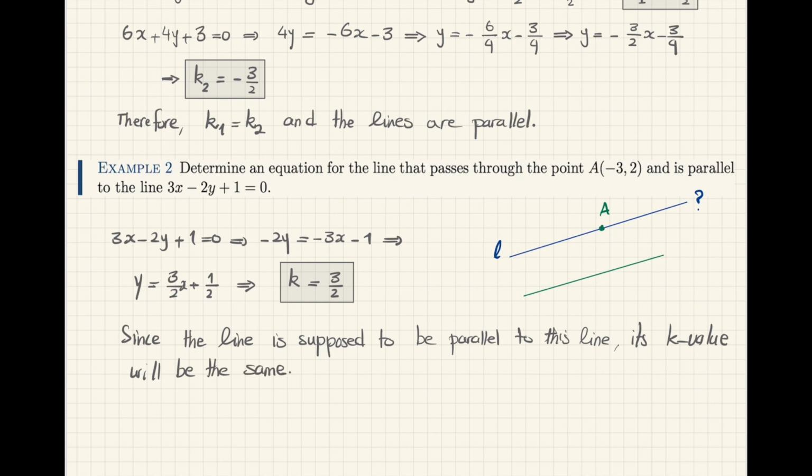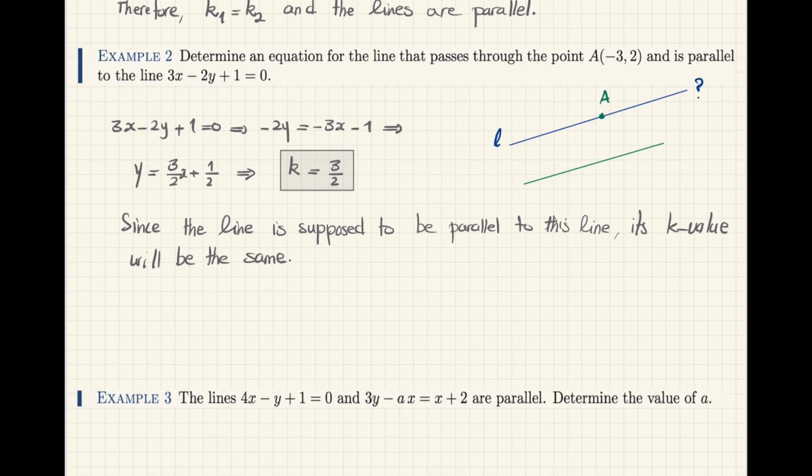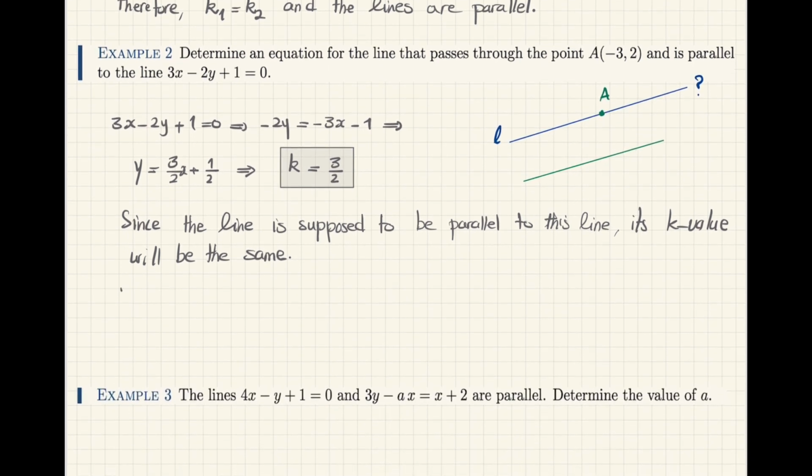Okay, so then I have the k value, I have one point. So this is the formula, the one-point formula, yes? I want you to understand why I am taking the slope of the green line and using it to write my equation: because they are supposed to be parallel, so the k values have to be the same.